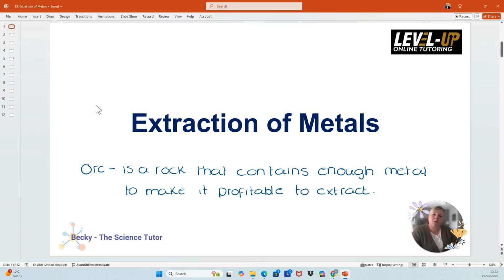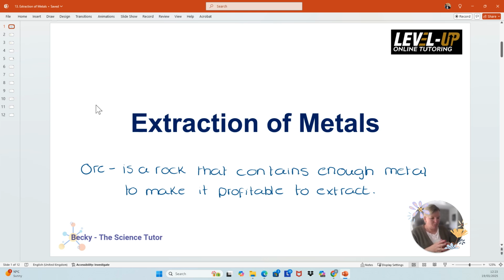Okay, now in many cases we find that metal combined with oxygen, because obviously there is a plentiful supply of oxygen out in the atmosphere, and if the metal is relatively reactive, it will react with the oxygen, and we find lots of ores that are a something oxide.